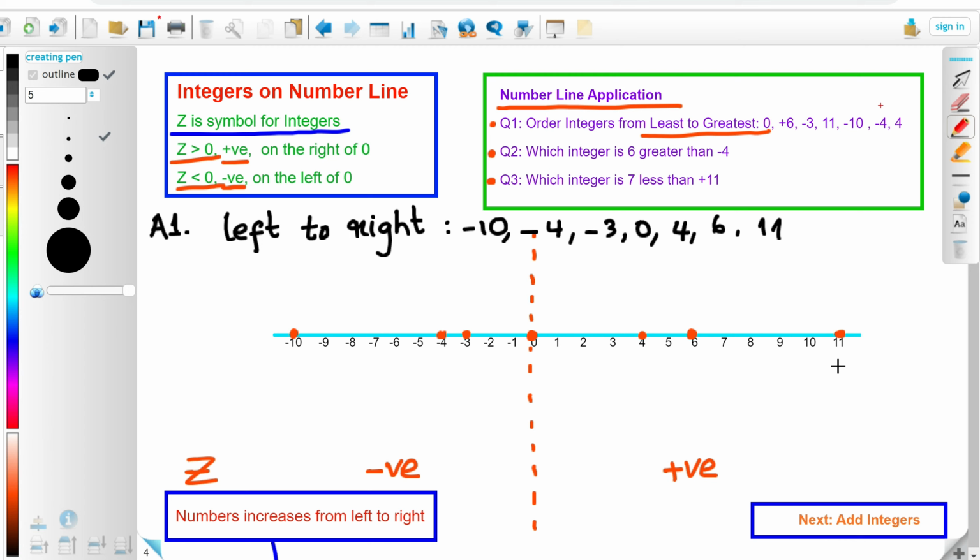So that is how we'll get the solution of question number 1. We need to arrange all the integers on the number line to order them in increasing order. Increasing order means from left to right. I hope that is absolutely clear. Perfect. Now let's take the second question. The second question here is, which integer is 6 greater than minus 4?